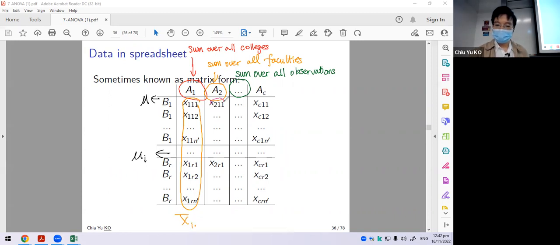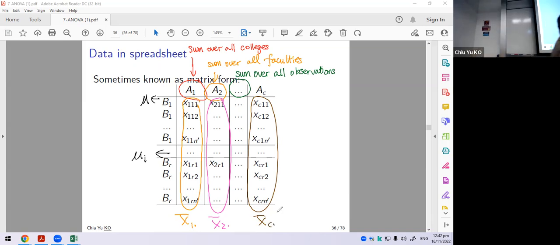If you calculate the average of these two, this will be x2 dot. If you go to the last one, this will be x bar c dot. Is that clear? So it's just all the column averages. That's the same as the mu version, but the mu version is the actual thing, and this is the data thing. Is that clear?